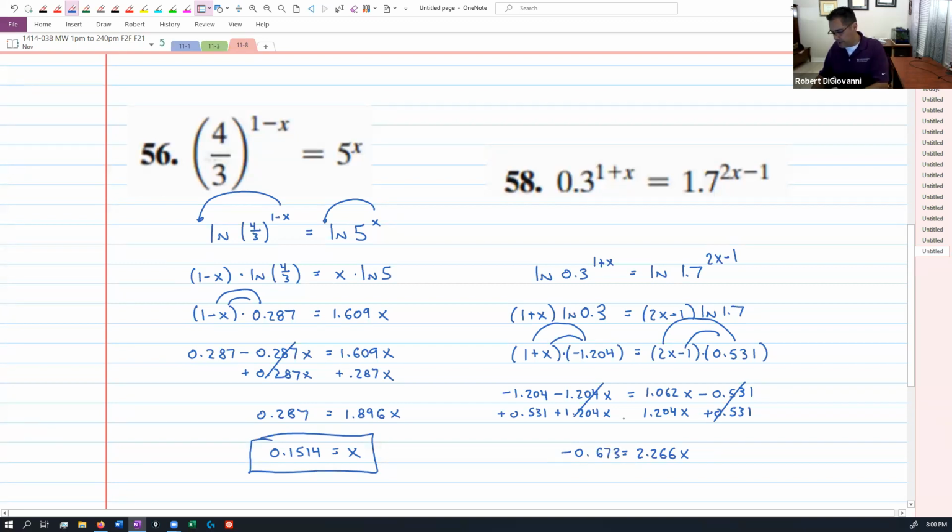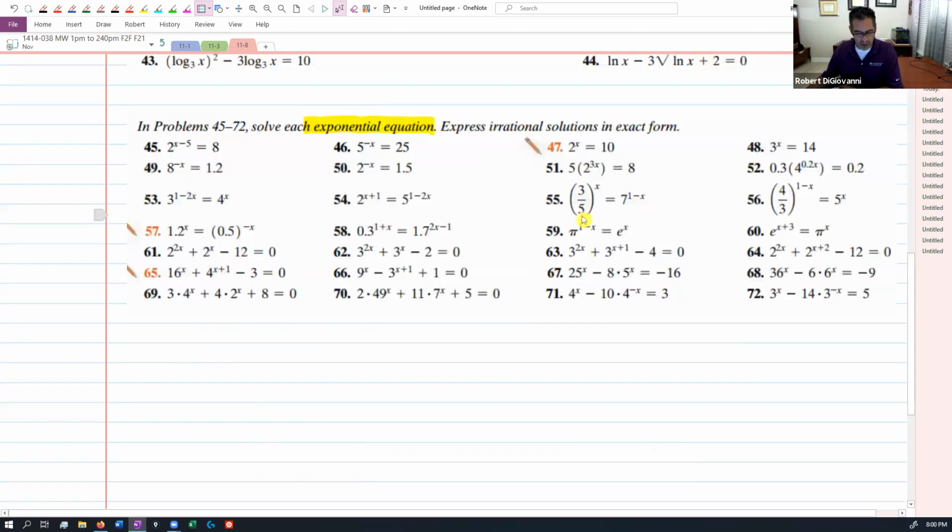And then divide both sides by 2.266. So we should get negative 0.297, I'll round to 7, is x. Okay, I think we get the point here. I hope you do. It's kind of messy with these decimals, but it's the way it is.